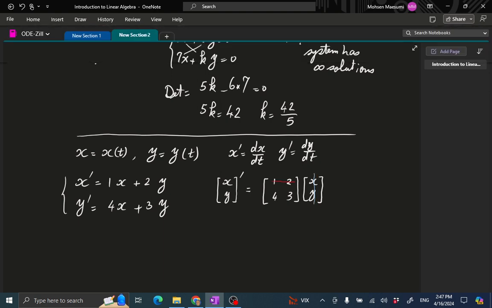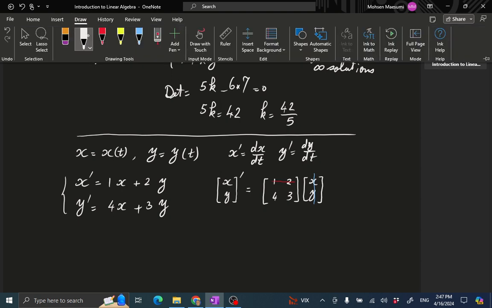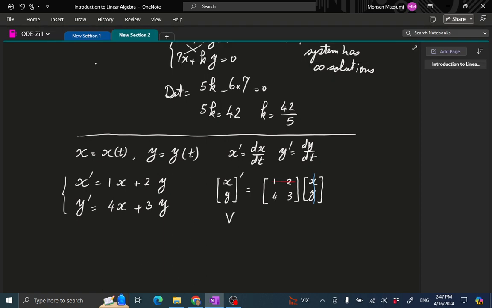So this red row with the blue column, we multiplied 1 times x and 2 times y. That's what this is. And 4 times x plus 3 times y, that's what the second equation reads like. So the general pattern here is that on the left hand side we have some vector, let's call it the vector v, whose derivative is being taken, and here I have some matrix, and then here is that same vector v.